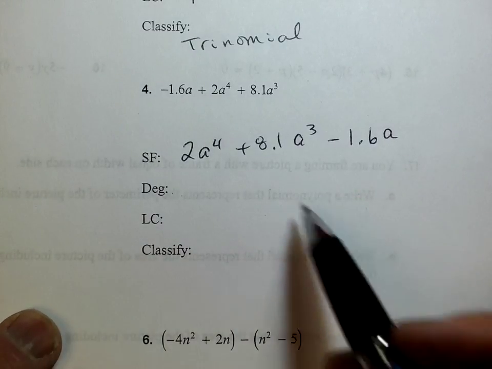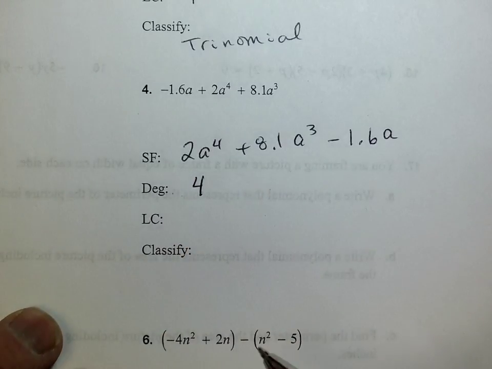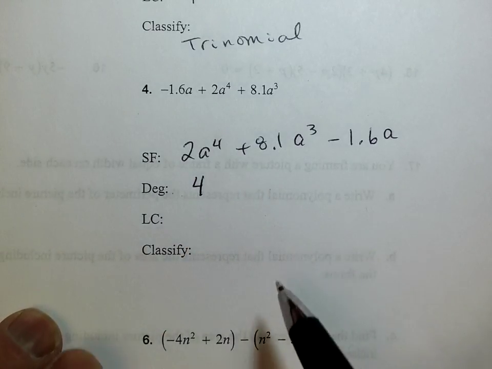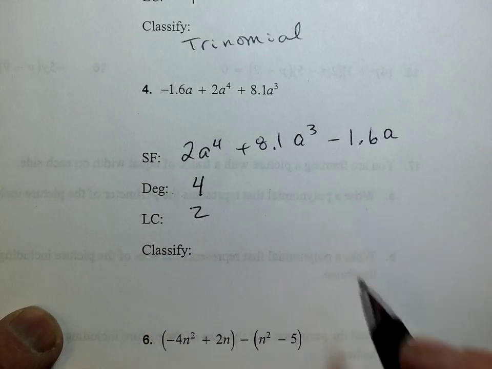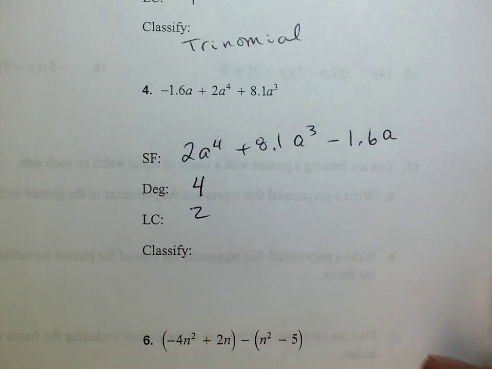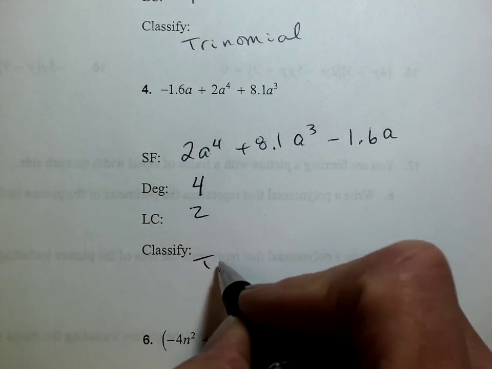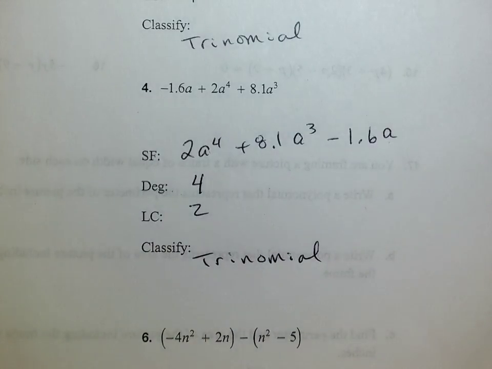The degree is the biggest exponent. That's my 4. My leading coefficient's the number in front, which is the 2. I have 1, 2, 3 terms, so it's a trinomial. Okay? You guys can do this, right? Tomorrow, everybody can do this, right?